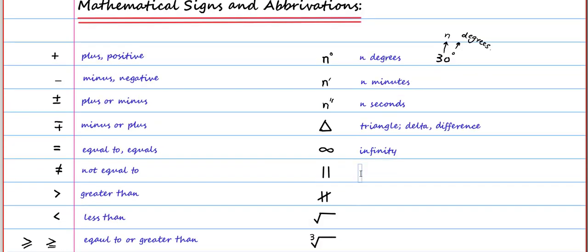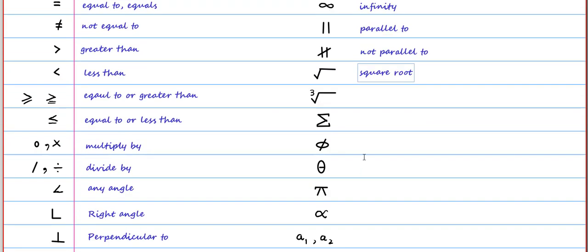And this symbol means parallel. These symbols mean not parallel to anything. This means parallel to anything. This means square root, and this means cube root.